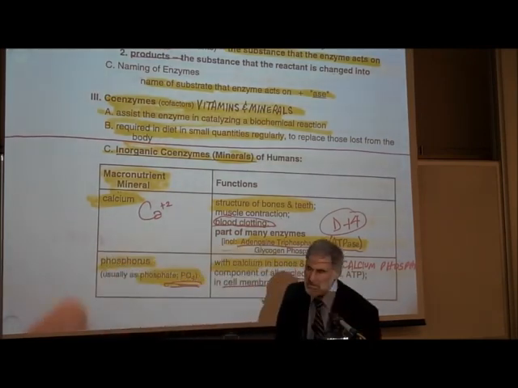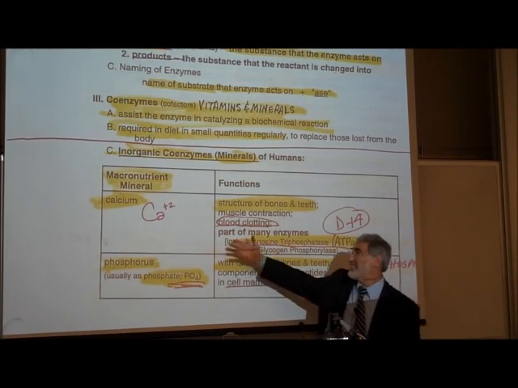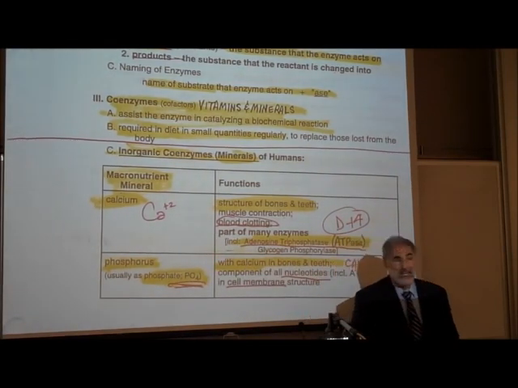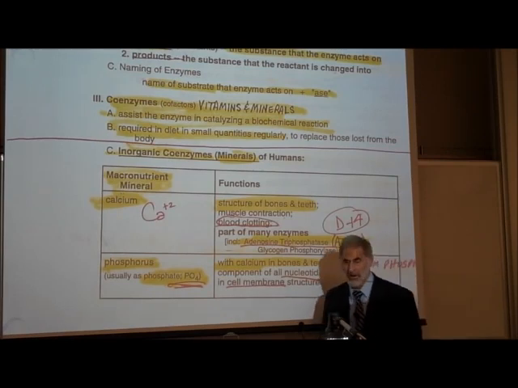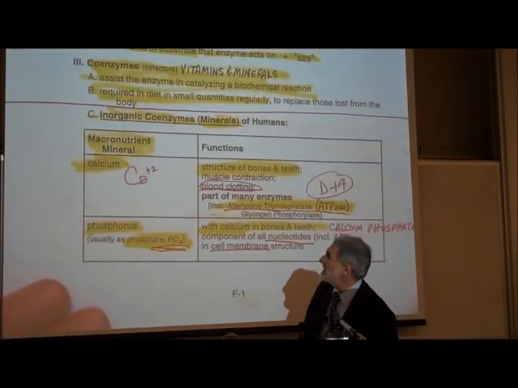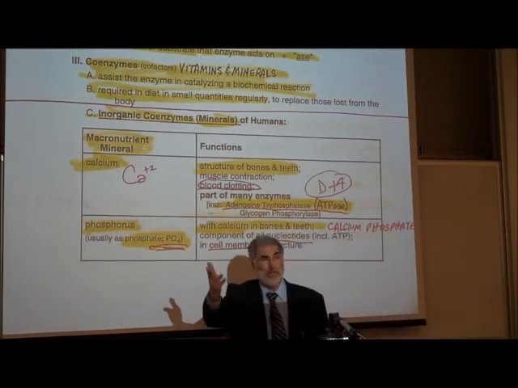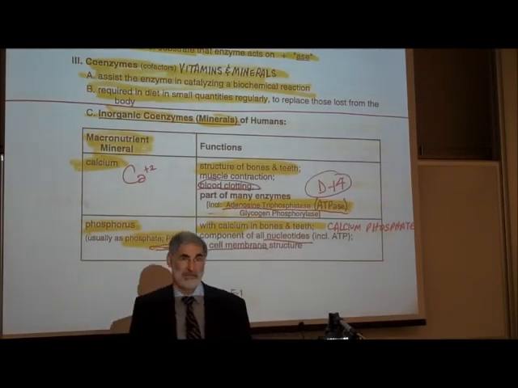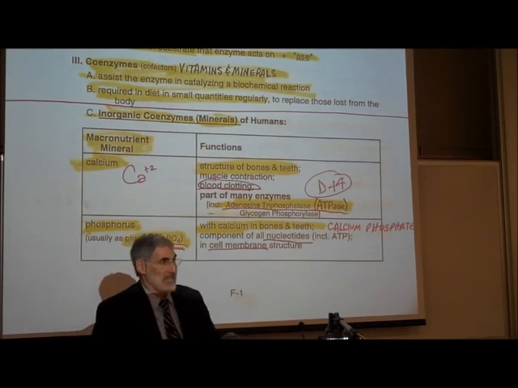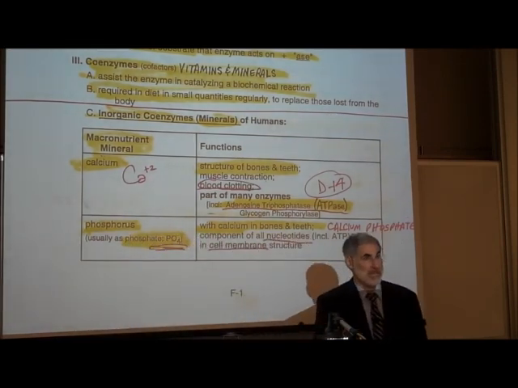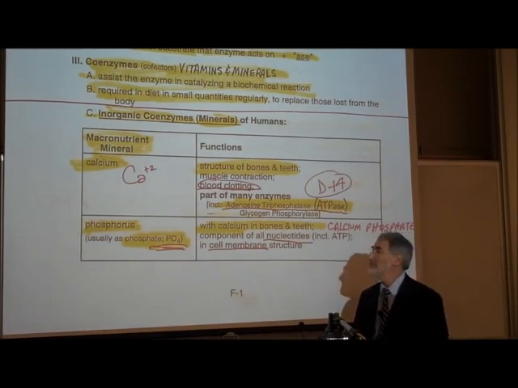In fact, most of these minerals are basically simple atoms. That's what minerals are. An example of a mineral is calcium. Calcium's on our periodic chart. It's a metallic atom, a metal, and it gives away electrons.